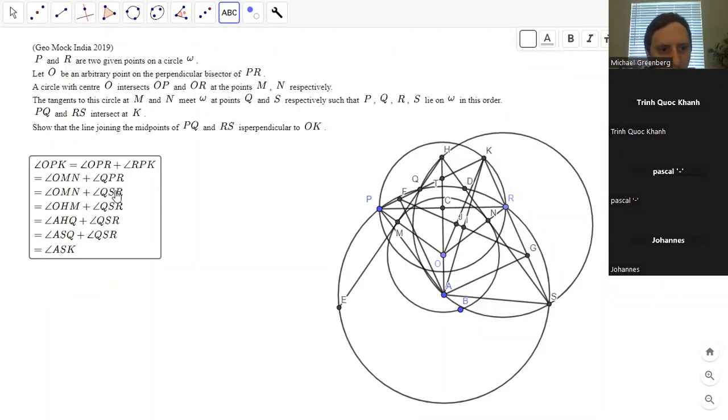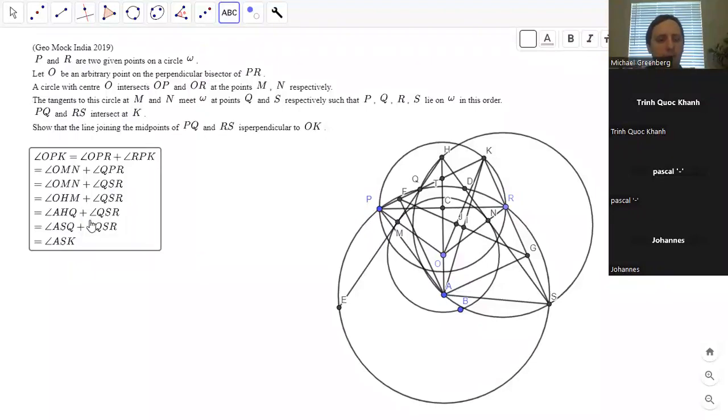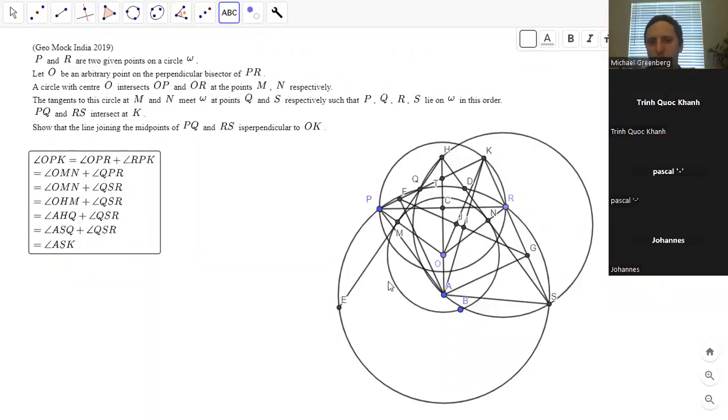And then OMN is OHM, and then OHM is AHQ, which is ASQ. And then, all right, okay, so that's the first part, and then you said you could show the ratio, right?